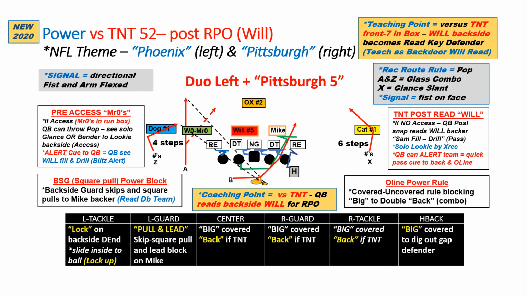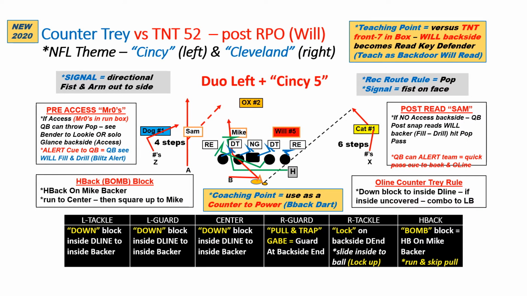Again, pre-snap, the quarterback can always look for free access, which in this case, he essentially heads to the right, and he could go ahead and still read the will, but he could throw either way, backdoor or front door with the glance.